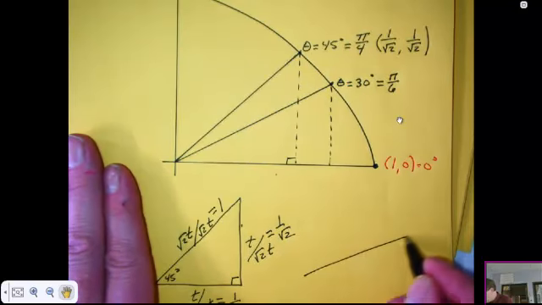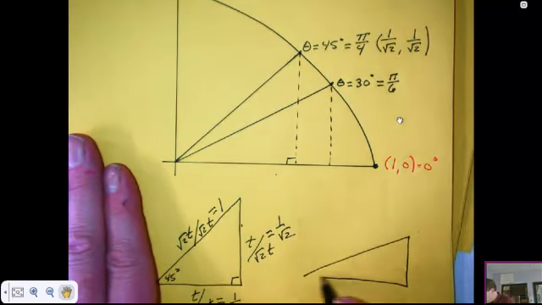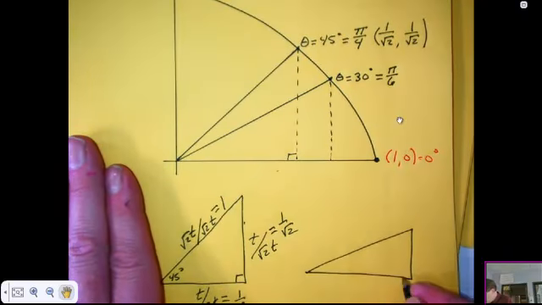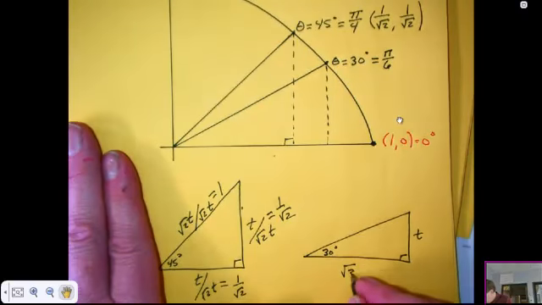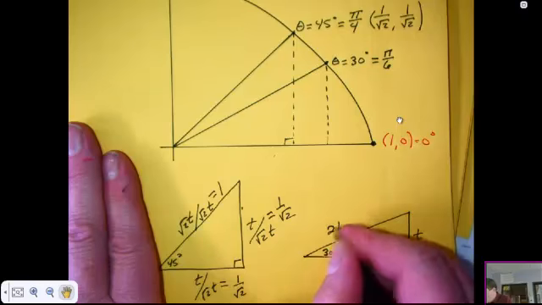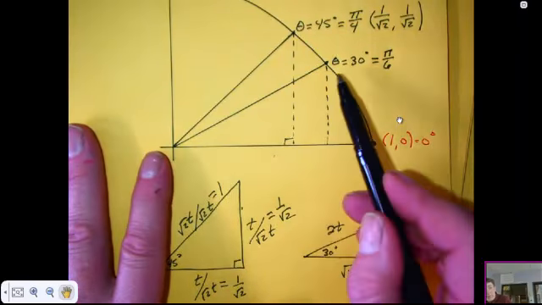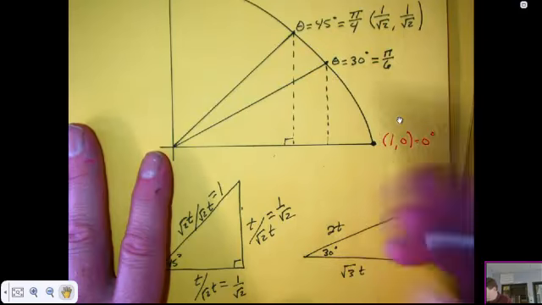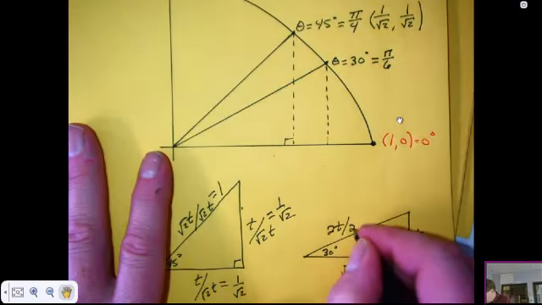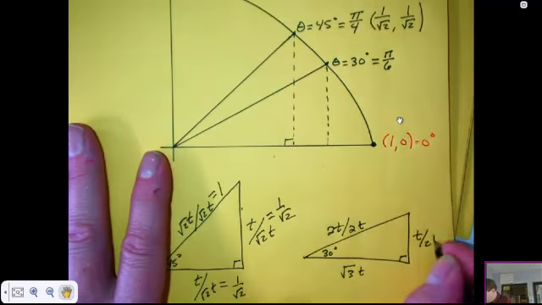So let's look at that special triangle. So if this is 30 degrees, right? This is t, root 3t, and 2t. But yeah, I need the hypotenuse to be 1, right? So I'm going to divide everything by 2t.